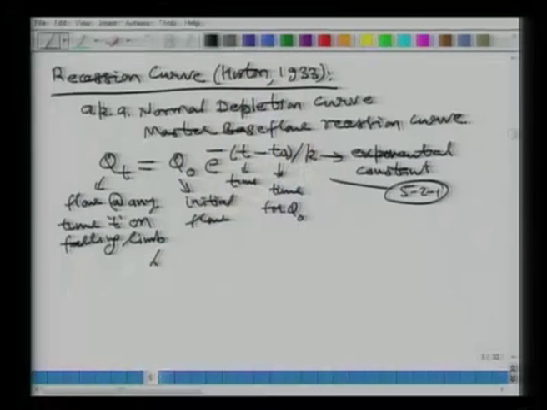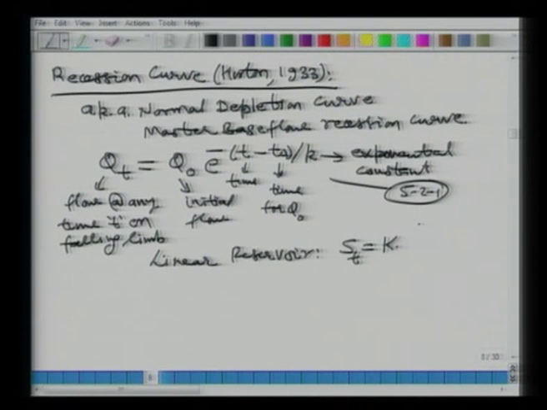That is, the storage in the catchment at any time t is some constant times the outflow at that time. Okay. What is a linear reservoir? We have seen earlier, it is when the storage and the outflow from the catchment are linearly related to each other. Okay.